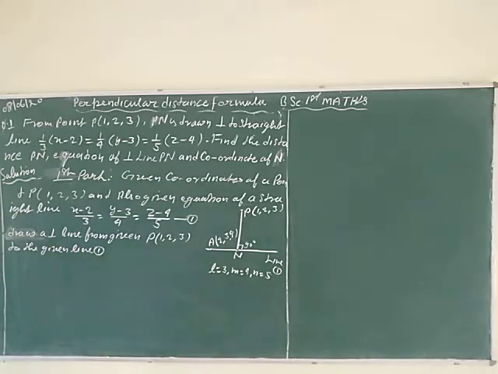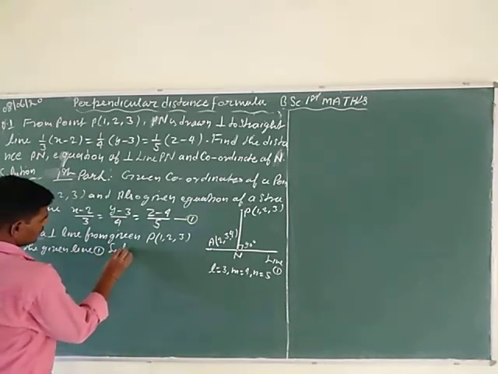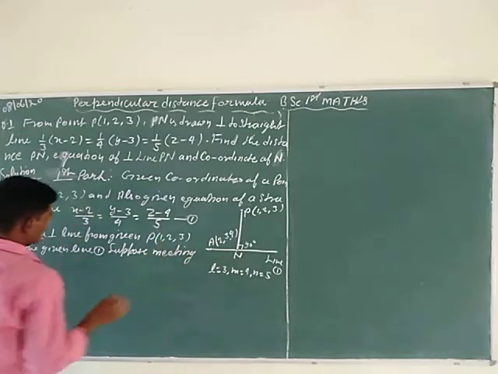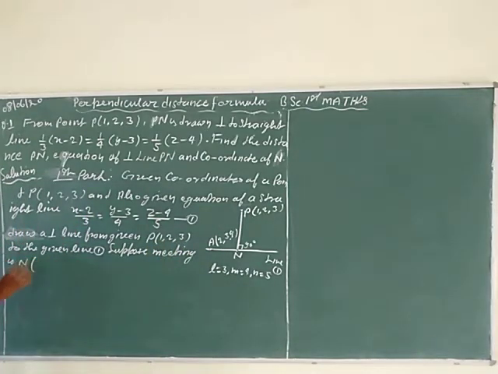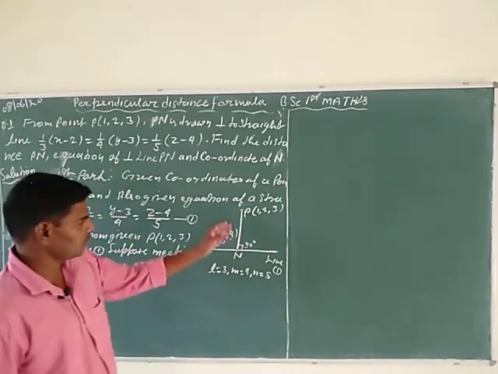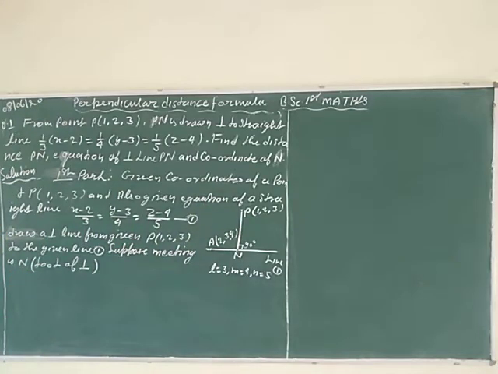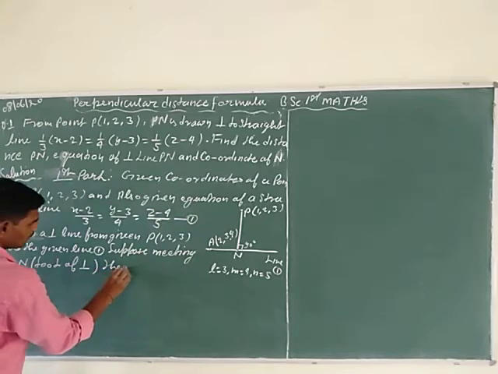Suppose the meeting point is N. N is also called the foot of perpendicular of the given line, the perpendicular line and the given straight line first. So we calculate the coordinates of N, the foot of perpendicular on the given line first.